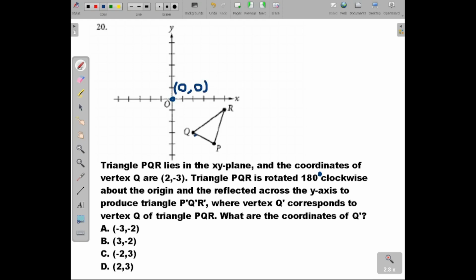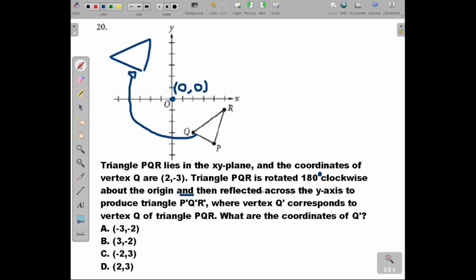So this triangle is rotated around here 180 degrees. If we would say 90 degrees, it could be over here, but that's not the case.